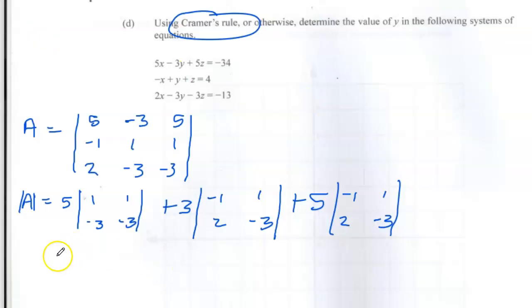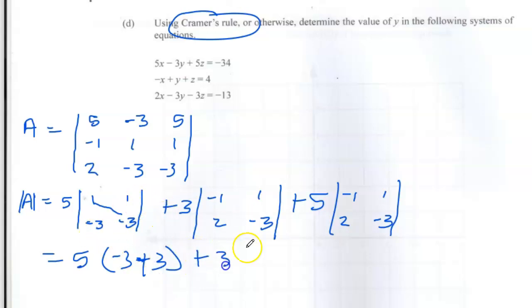So that's equal to 5, and we cross multiply and subtract. So minus 3 times 1, that's minus 3. Subtract minus 3 times 1, it will become positive 3, because that's the double negative, alright? Then the positive 3, so cross multiply and subtract.